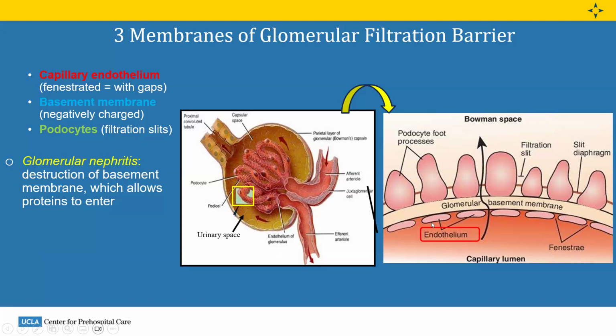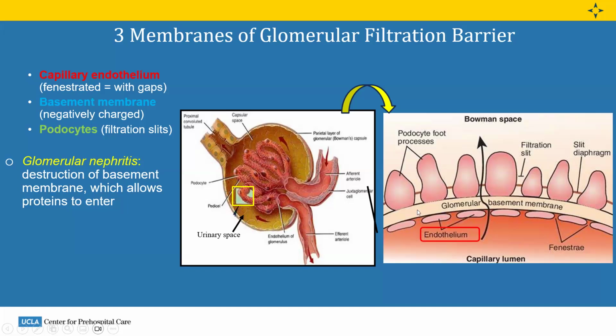And endothelium is just cells that form a blood vessel, like a normal capillary. But in this case, we have fenestrae, aka openings between these cells that form the wall of the blood vessel.